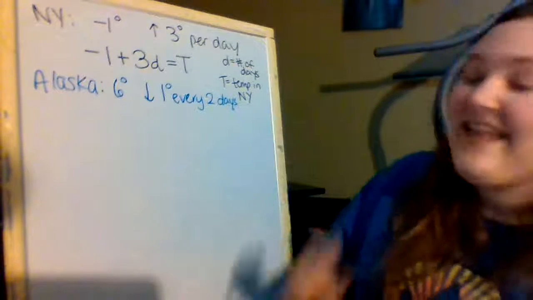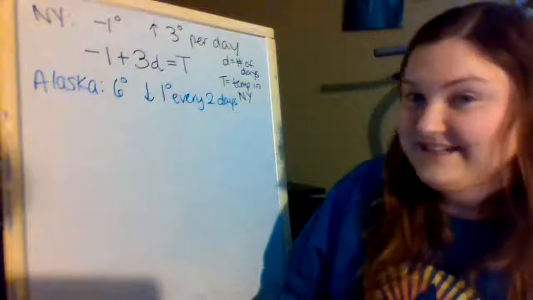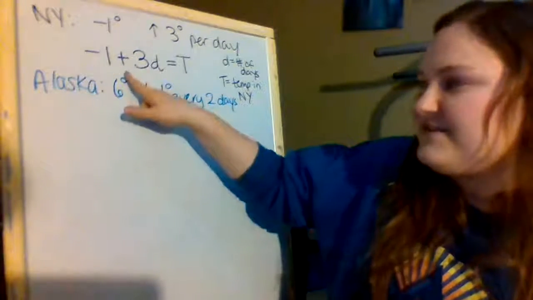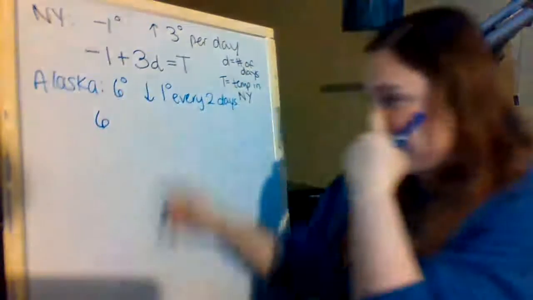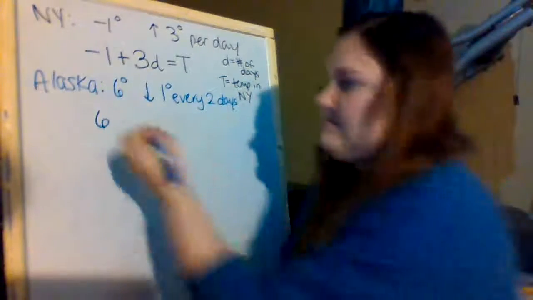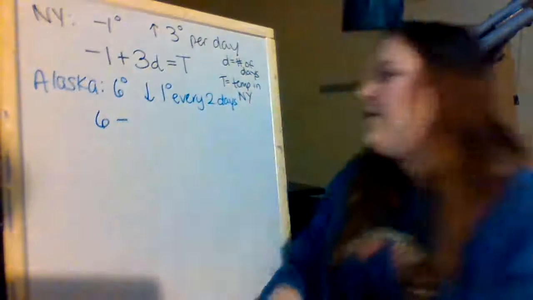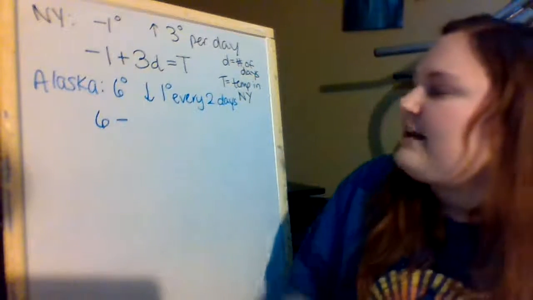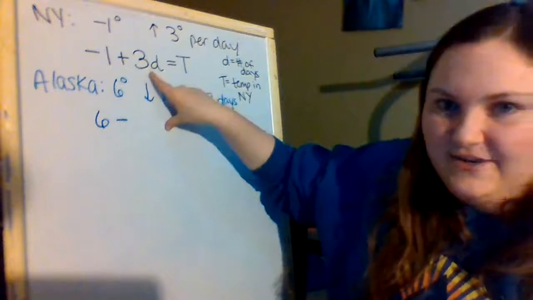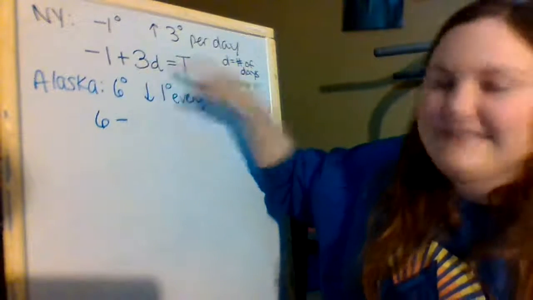Okay. I think this one's a little trickier, and we'll see in a second why. Similar to this first one, we could say we're starting at 6. The temperature is falling, so it would be minus 1 degree every 2 days. Now, thinking back to what we had written here, this says 3 degrees each day.